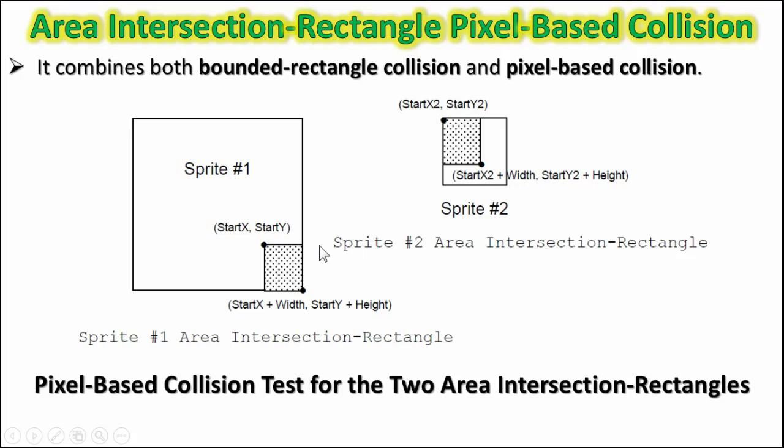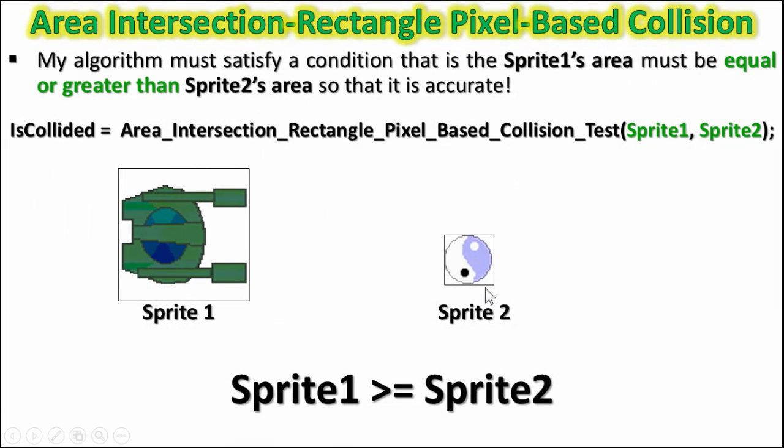If the scanned pixels of sprite number 1 overlap the scanned pixels of sprite number 2, then there is a collision. Next, my algorithm must satisfy a condition, that is, the sprite number 1's area must be equal or greater than the sprite number 2 area so that it is accurate.